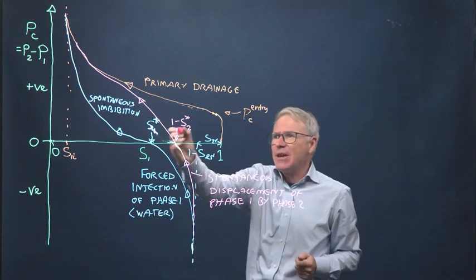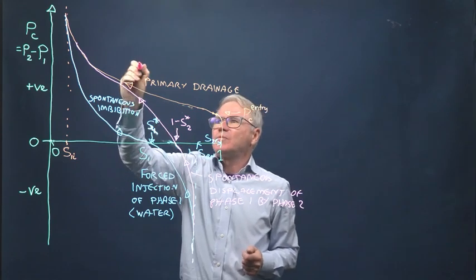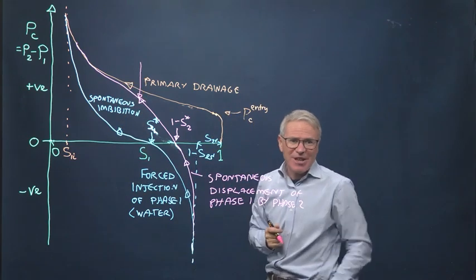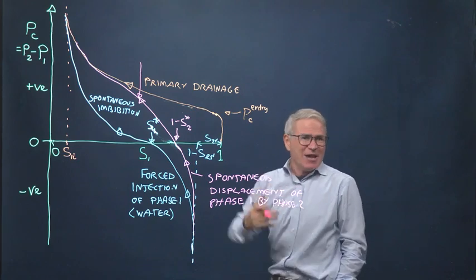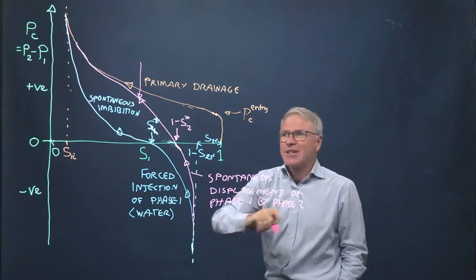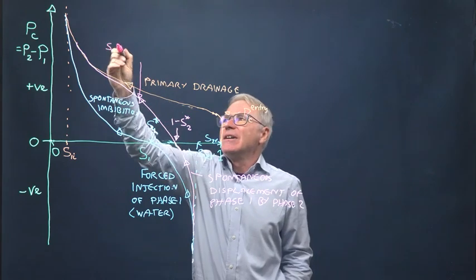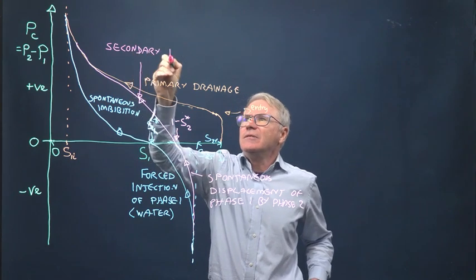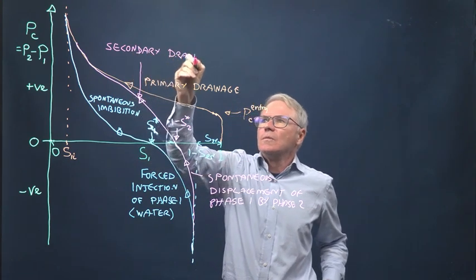Okay, and then the last one here, this one, okay, this is a forced displacement, but when we're talking about oil or gas, people are quite familiar with it being forced. We call that drainage. That's fine, that's correct. So this will be secondary drainage, right?